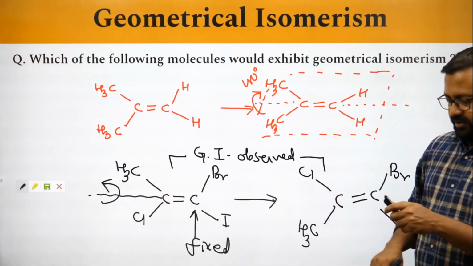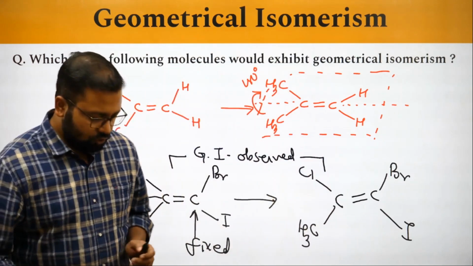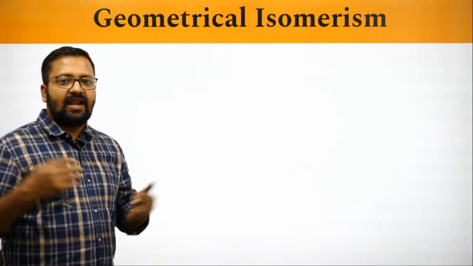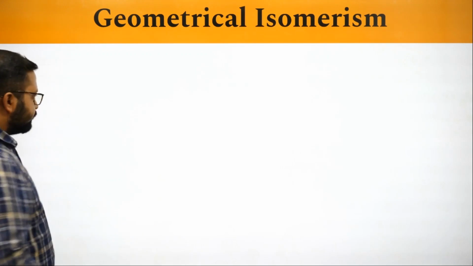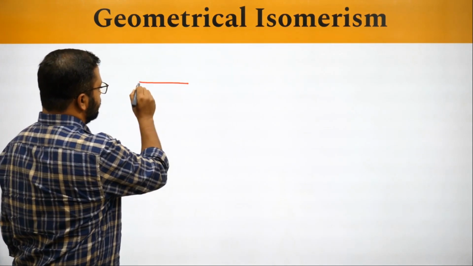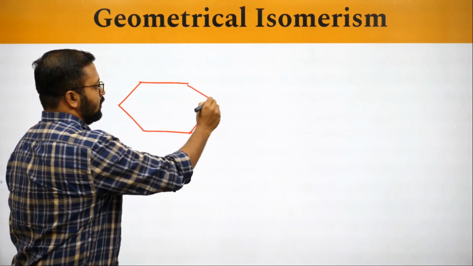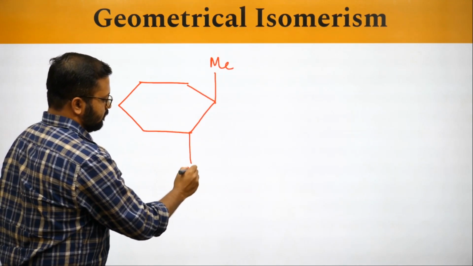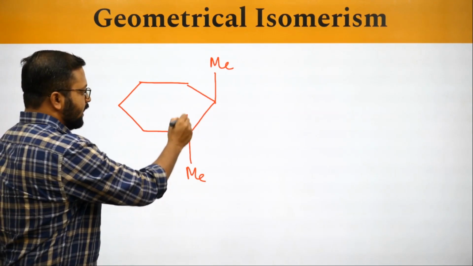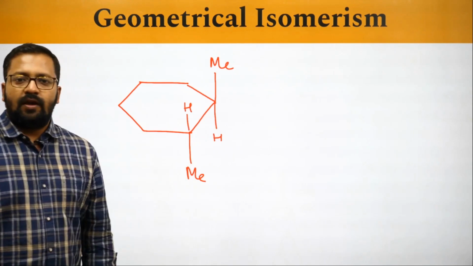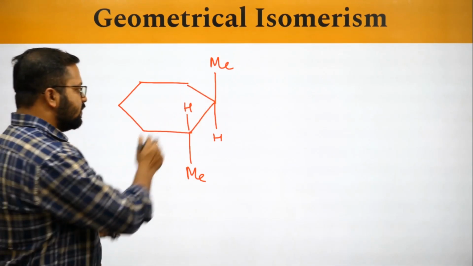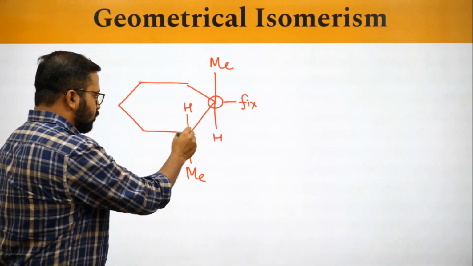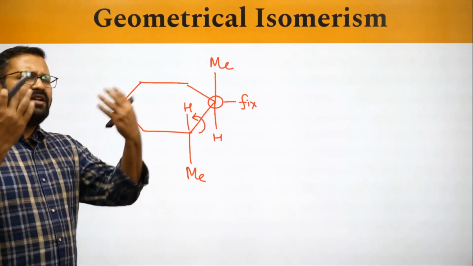Okay. Let's look at a different set of molecules. That was for your open chain molecules. If you want to identify it for a cyclic molecule, we will apply the same rule in cyclic too. So, methyl, methyl, here there is one hydrogen, here also one hydrogen. Fine, fix one part, let's say fix this part, try to rotate this by 180 degrees, mentally try to rotate this.